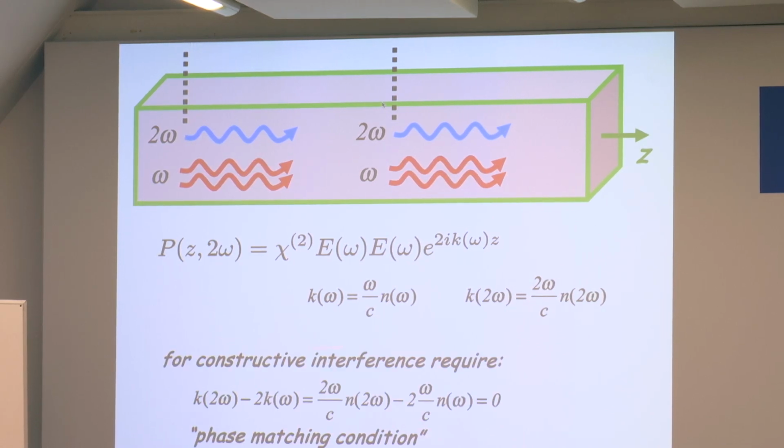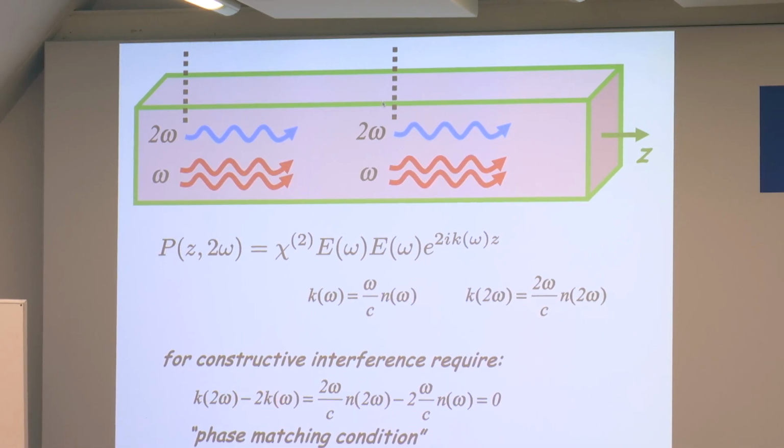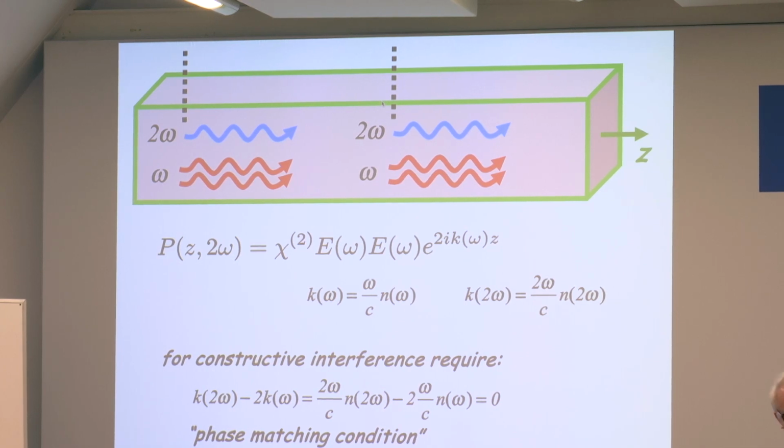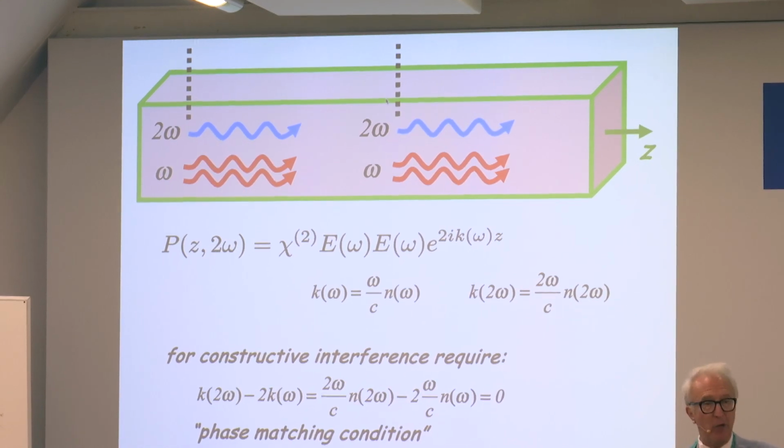So for constructive interference, I'm going to want k at 2 omega minus 2k of omega to be 0, and you can see that looks very hard because n at 2 omega in general is not going to equal n at omega. But experimentalists are clever people. They have different strategies. You can use birefringent crystals.